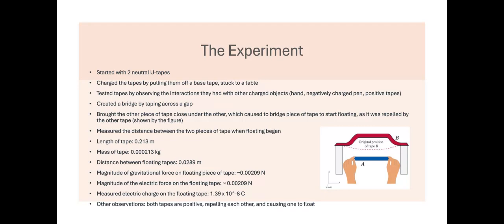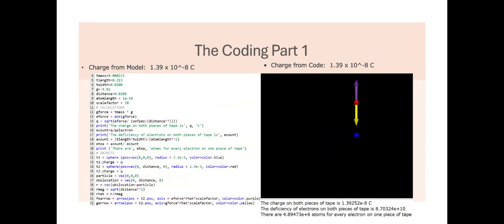Some other observations, as I said earlier, were that the pieces of tape were both positive, so they repel each other, and that was what caused it to float. So my code for part 1 is to the left, the more important parts. I use the things I determined in the experiment, like the width and length and mass, to figure out what the charge is.